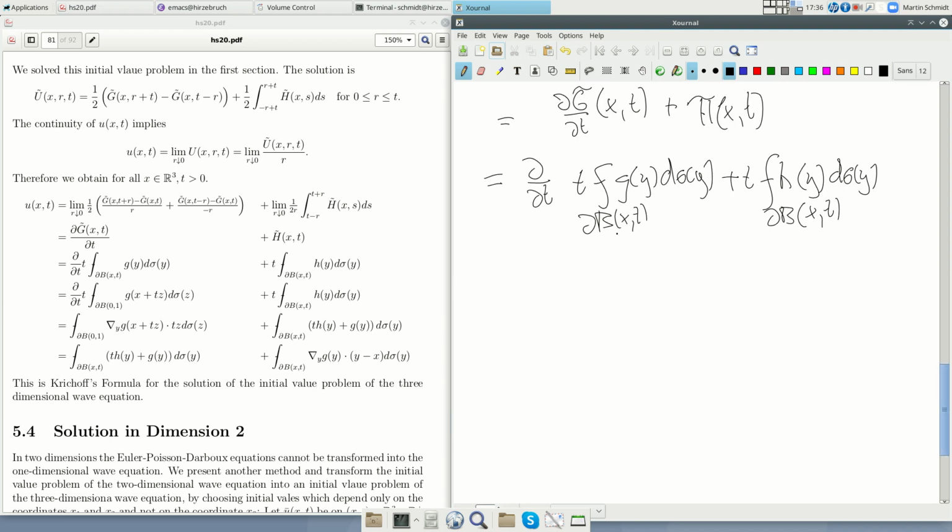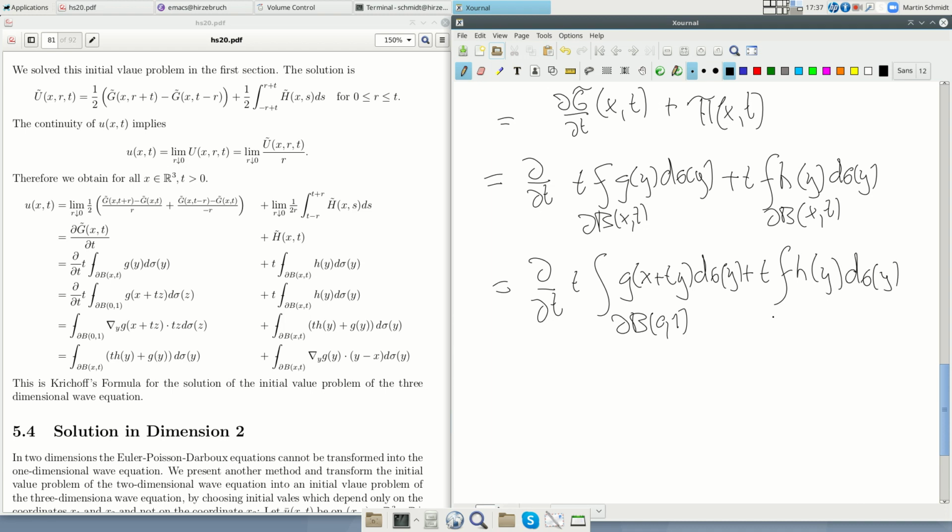To calculate the derivative, we should of course again transform this such that the domain doesn't depend on t. So we transform this into the unit ball, and then we have x plus t y. And this term we just leave as it is. And this has a nice form. Here now we can calculate the derivative.